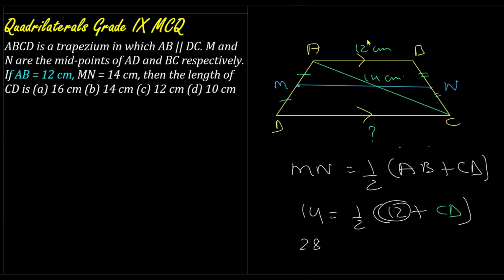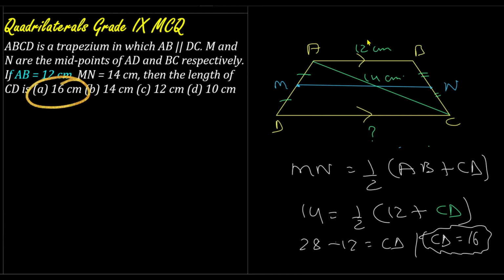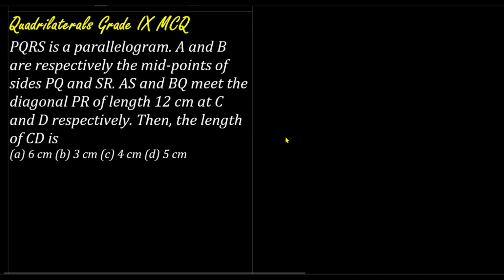And later if I transpose 12 to the left, it is minus 12, equal to the length of CD. So the length of CD will be 28 minus 12, that is 16 centimeter. So option A is the correct option in this case.